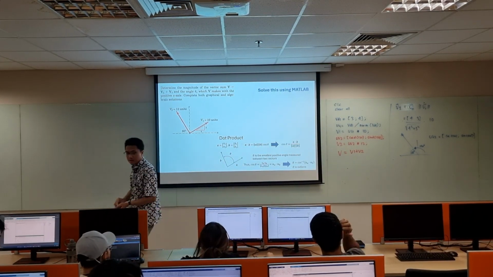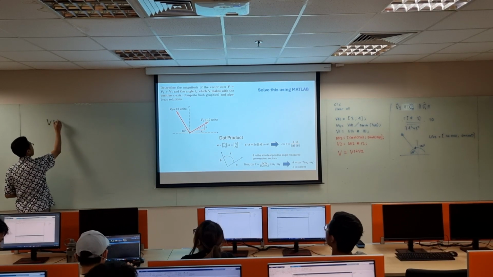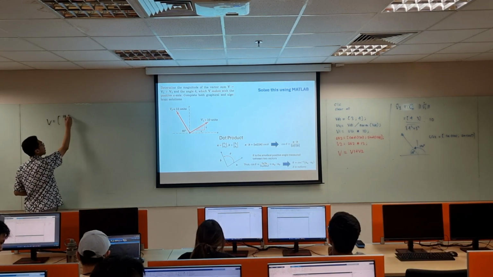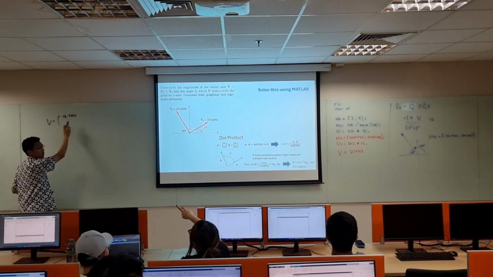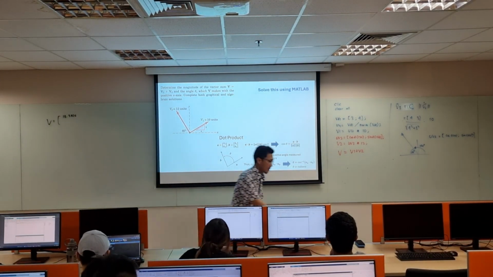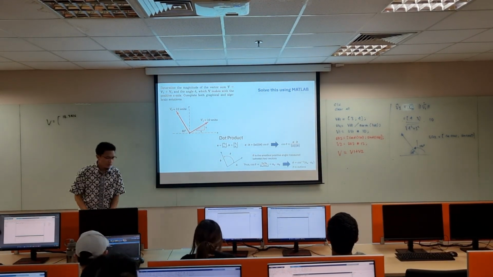Okay, what's the V just now? You said 18.3936. Then the last number is 3, sir. 3938.